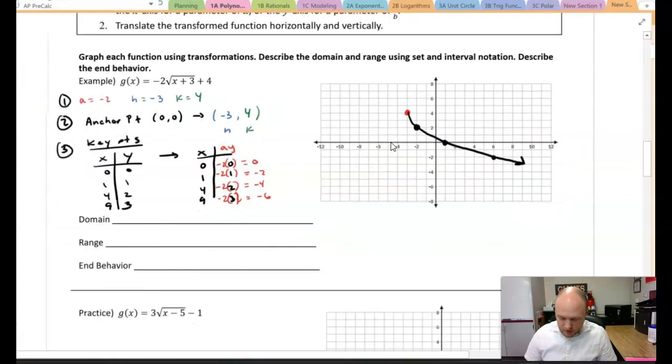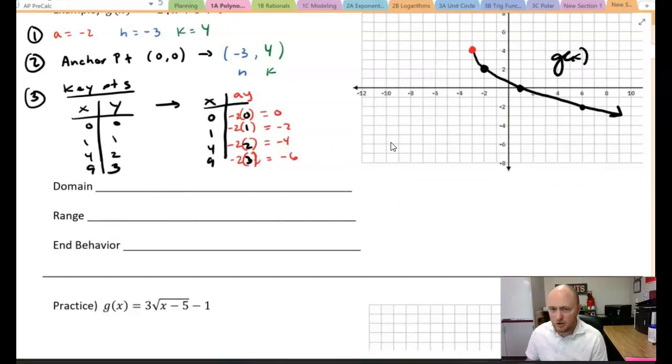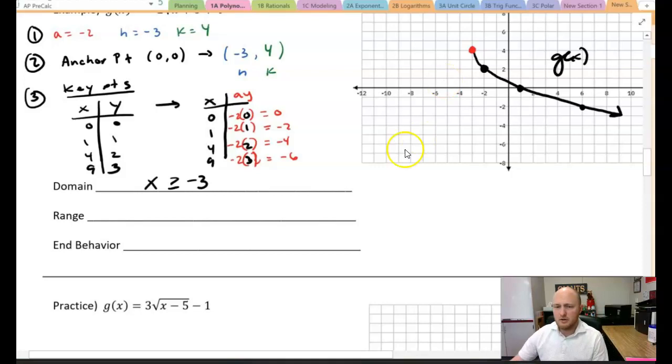Here is the transformed function g of x, and our domain. The domain is all of the x values. We start here at -3, and I want x values that are bigger than -3. So x is greater than or equal to -3, and in interval notation, that would be -3, comma, infinity.